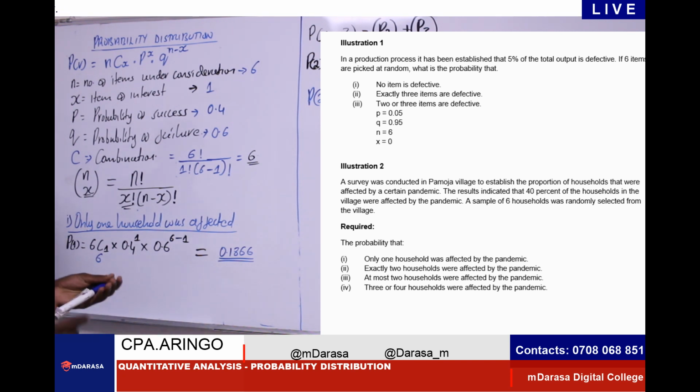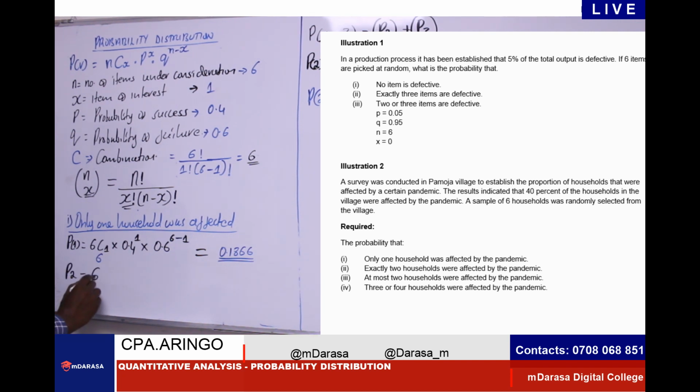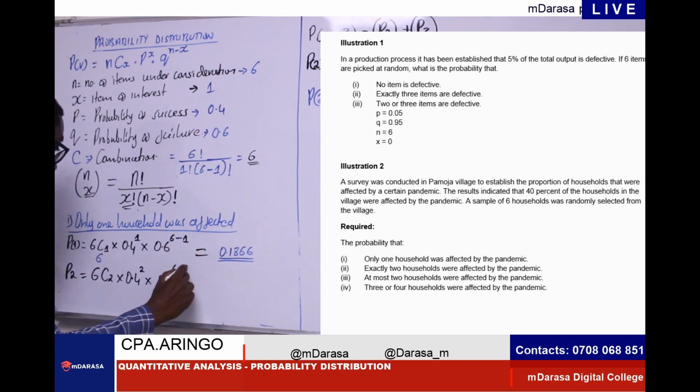So in this case, I have P2, the probability that exactly 2 households were affected: the binomial coefficient, which is 6 choose 2, multiplied by 0.4 raised to power 2 times 0.6 raised to power 6 minus 2.